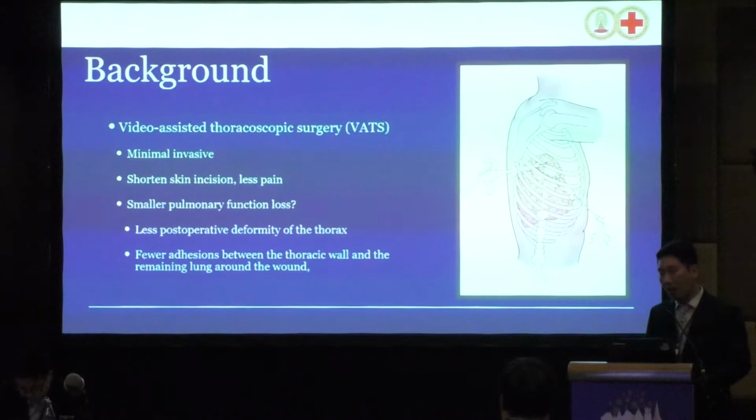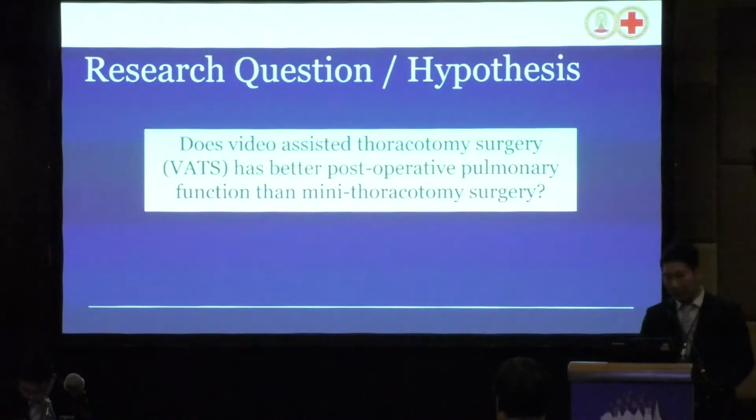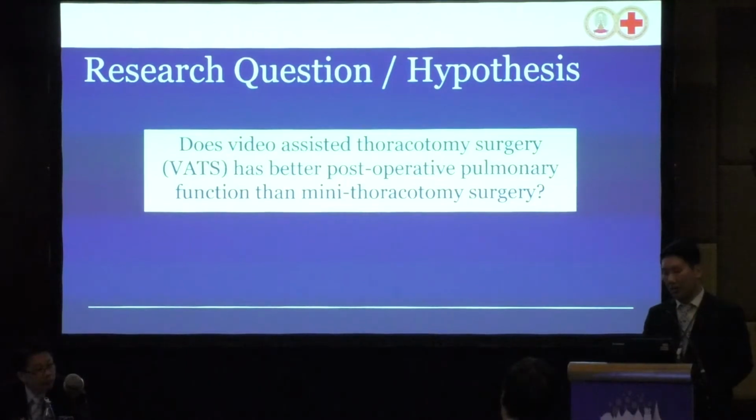However, in the aspect of pulmonary function, it is unclear whether post-operative pulmonary function after VATS lobectomy is better than after mini-thoracotomy lobectomy. This becomes the research question: video-assisted thoracoscopic surgery, VATS, has better post-operative pulmonary function than mini-thoracotomy surgery.